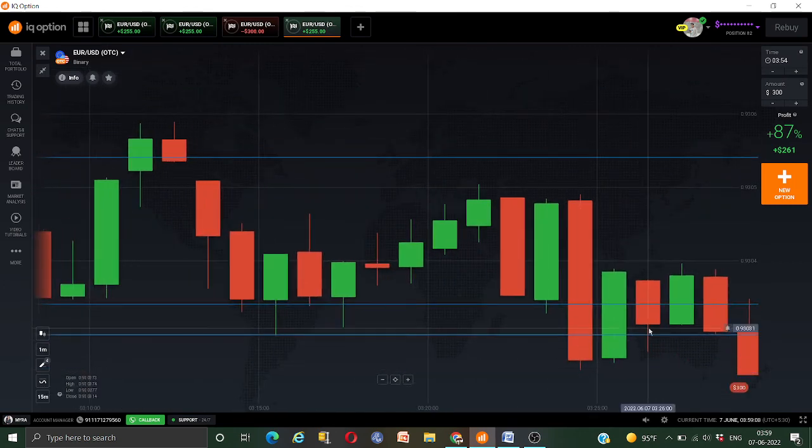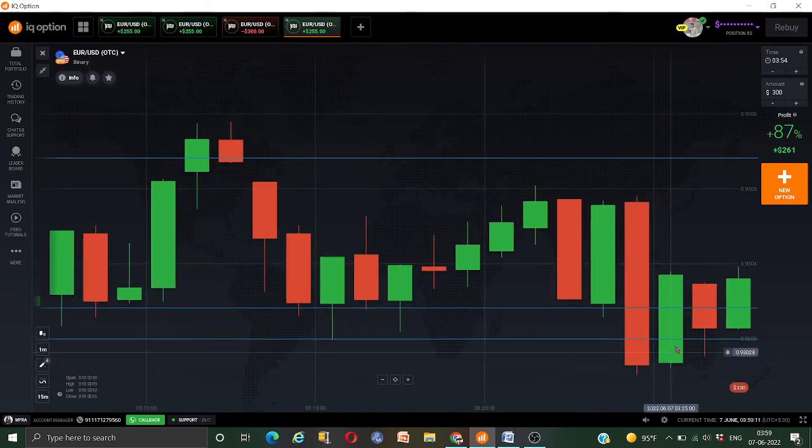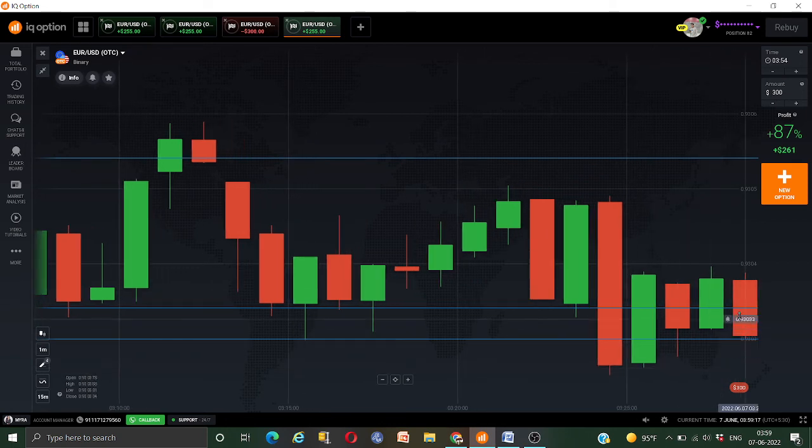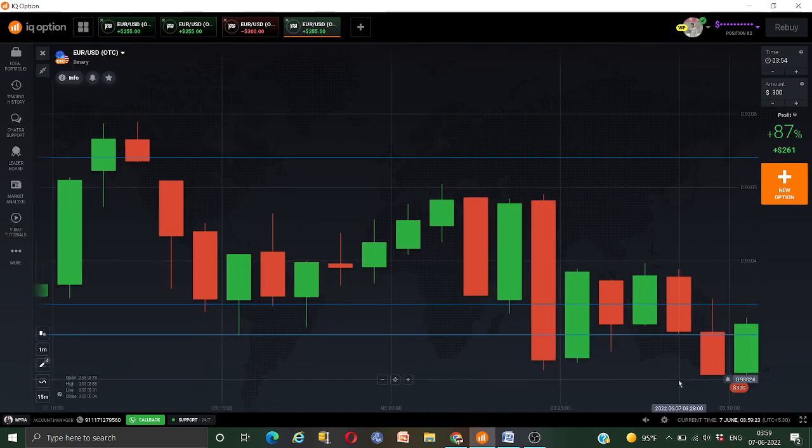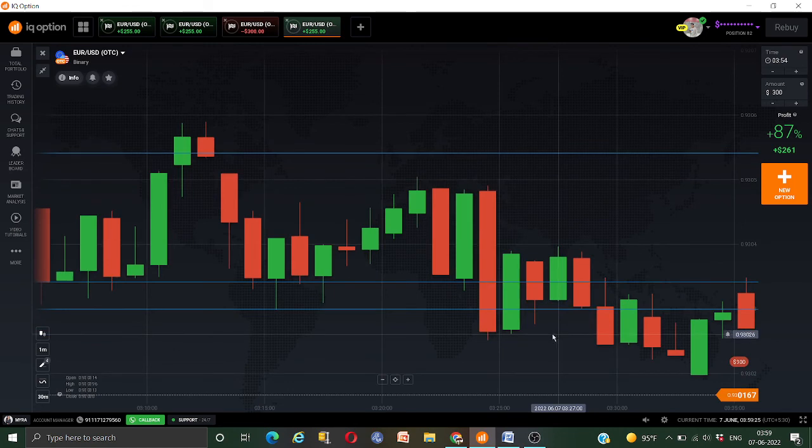At this point, if you take a put option from here, you may lose. If you take a put, in the second minute you come to a profit, and in the third minute you would win. So this is how you should take it. Always place your trades with more than 2 minutes expiry.